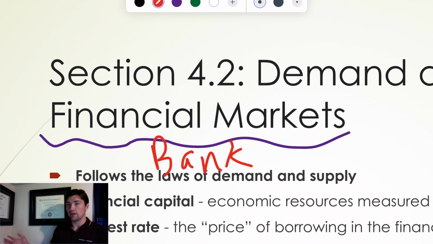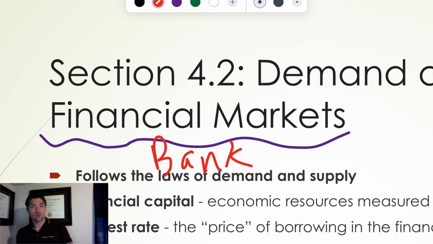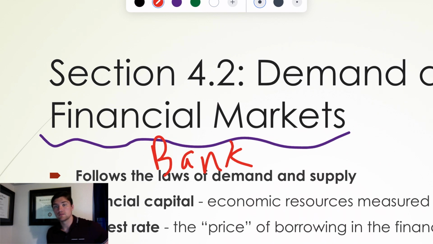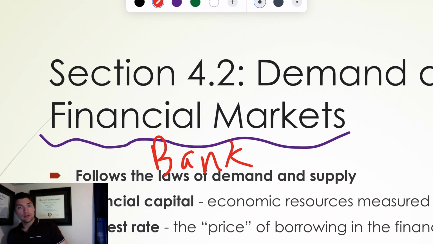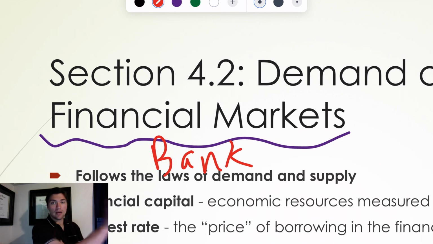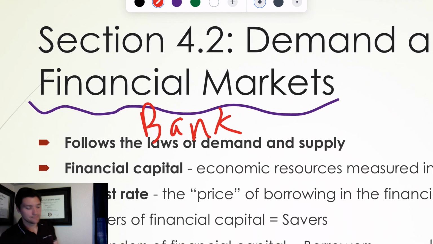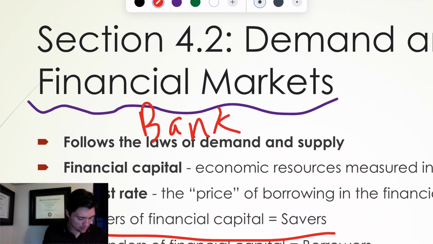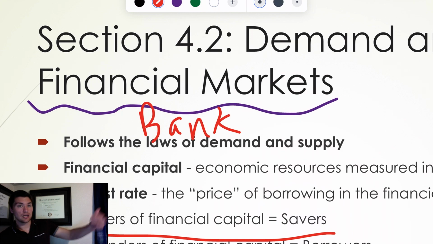I store it at the bank. And the reason I store it at the bank is because why? Because if I store it at the bank, they're going to pay me the interest rate for it. So I will be supplying my money at the bank. So I'm saving my money, and by saving it, I am supplying financial capital.